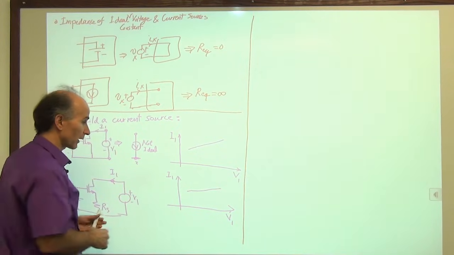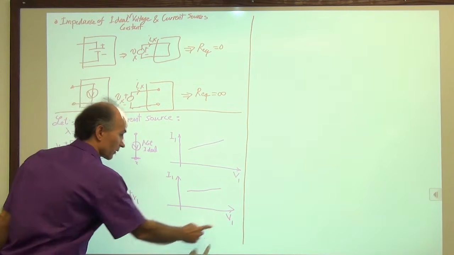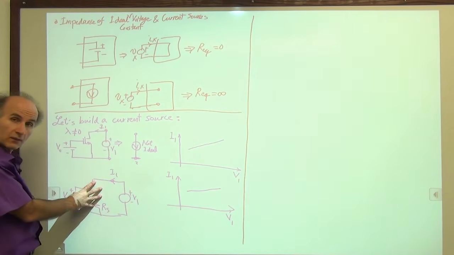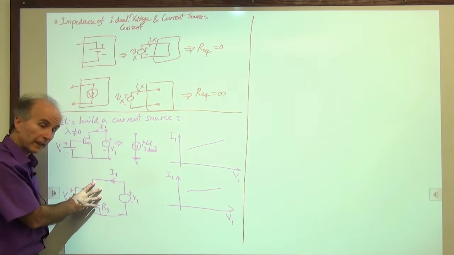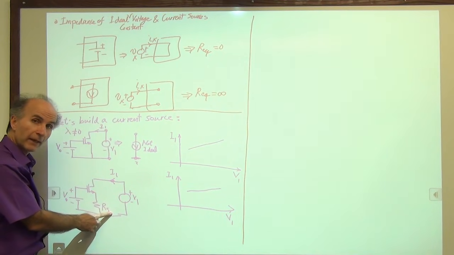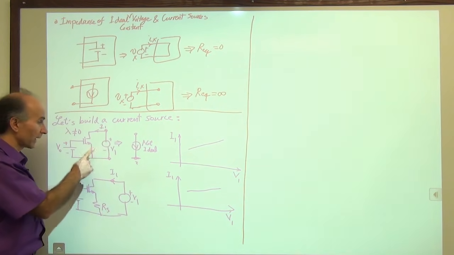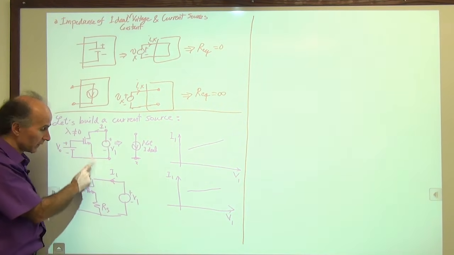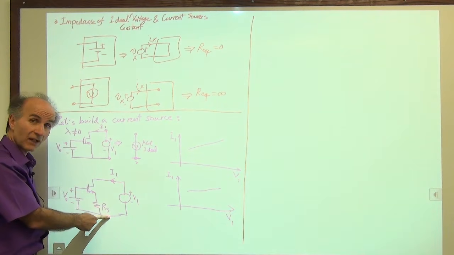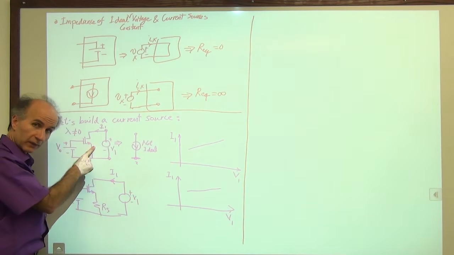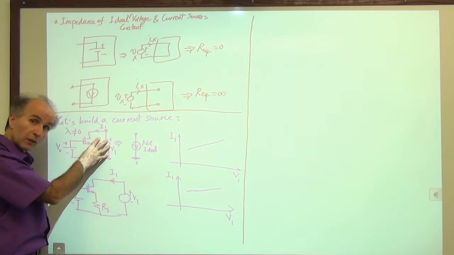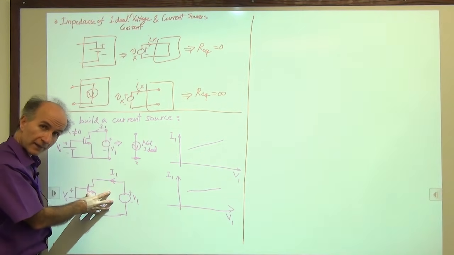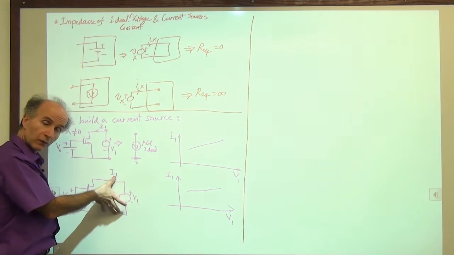So rather than try to plot I1 as a function of V1 for a circuit like this, I can look at the small signal impedance between these two nodes and compare that with that of this circuit. If the small signal impedance between these two nodes is higher than that of this circuit, it means that this is a better current source than this one, which means its current is more constant as we change the voltage across it.